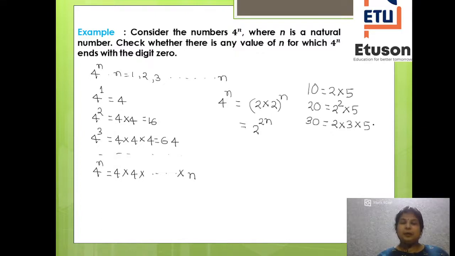So based on the uniqueness in the fundamental theorem of arithmetic, you can prove that 4 to the power n can never have digit 0 at its end place. Are you able to understand it? So let us write it in a proper manner. I hope you have understood it. So I am just erasing it and I will write it properly.